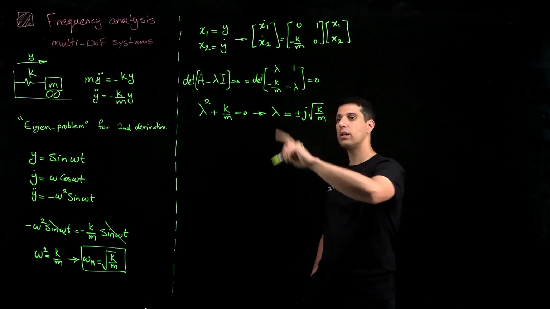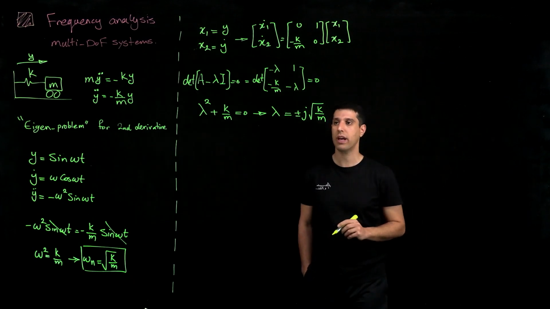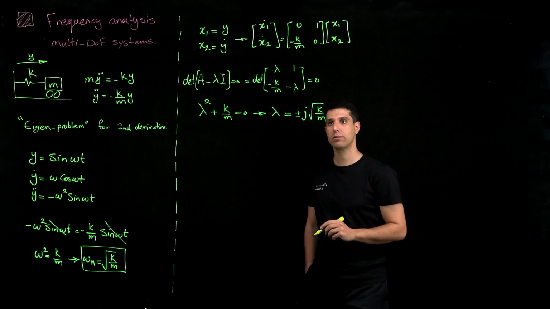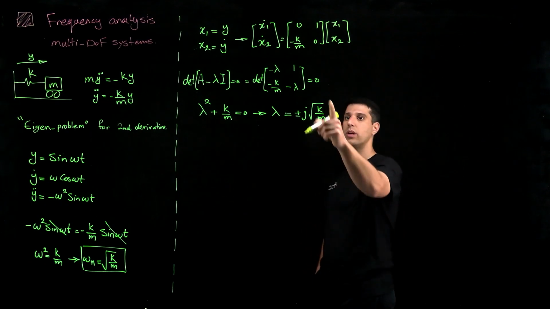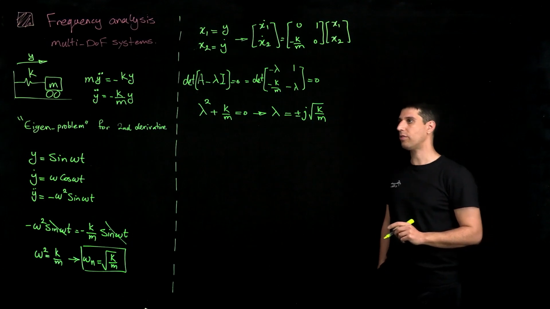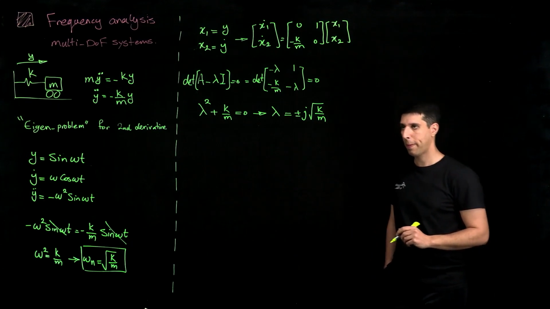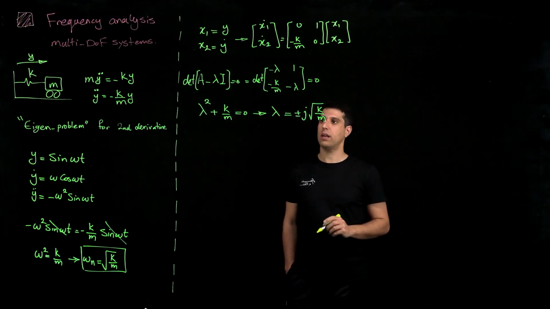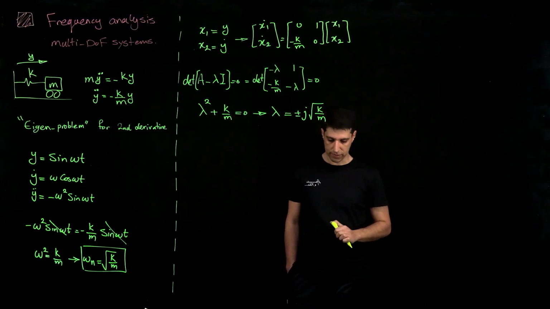So this lambda shouldn't have any real component, and it should have some imaginary component, and the speed of rotation is the natural frequency of the system. So this is by no means probably a surprising result for you.